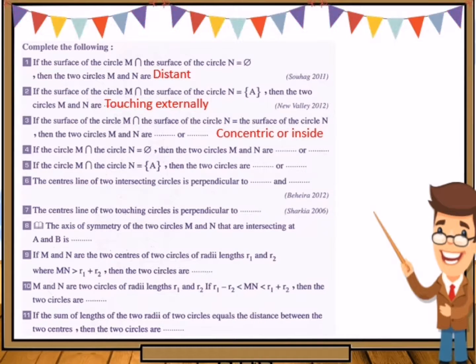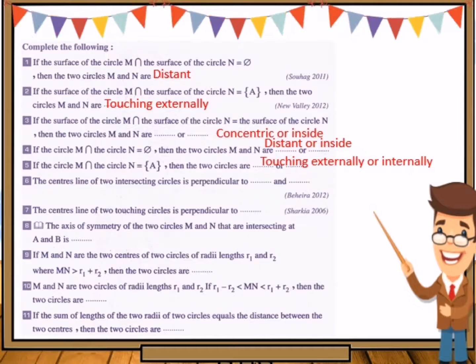So the circles may be distant, inside, or concentric. We will choose two of them. Number 5, if circle M intersect N equals A, so in this case the circles are touching externally or internally.